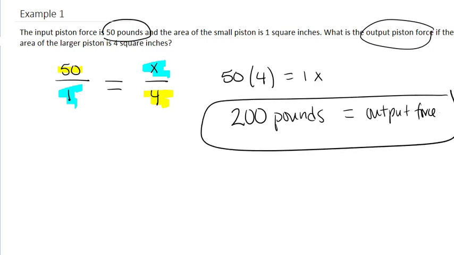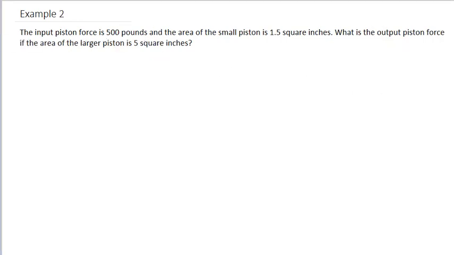So let's look at another example. Example 2. The input piston force is 500 pounds, and the area of the small piston is 1.5 square inches. What is the output piston force if the area of the larger piston is 5 square inches? For this, we're going to set up our fractions.